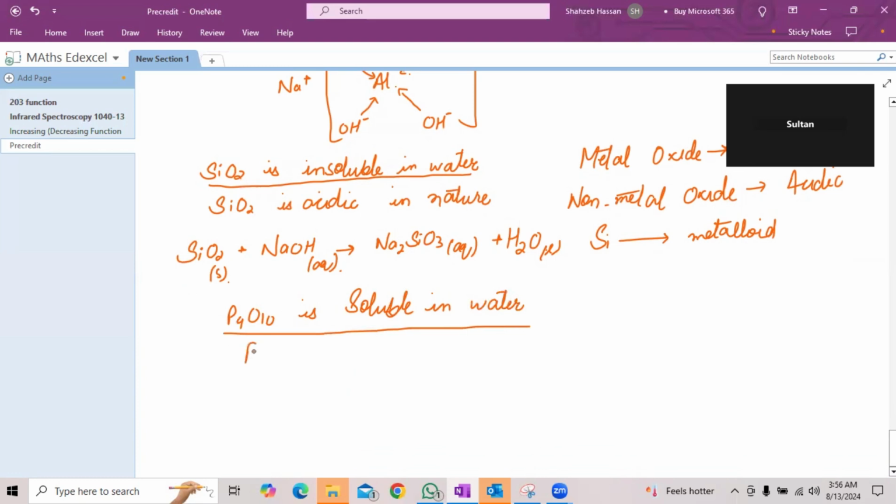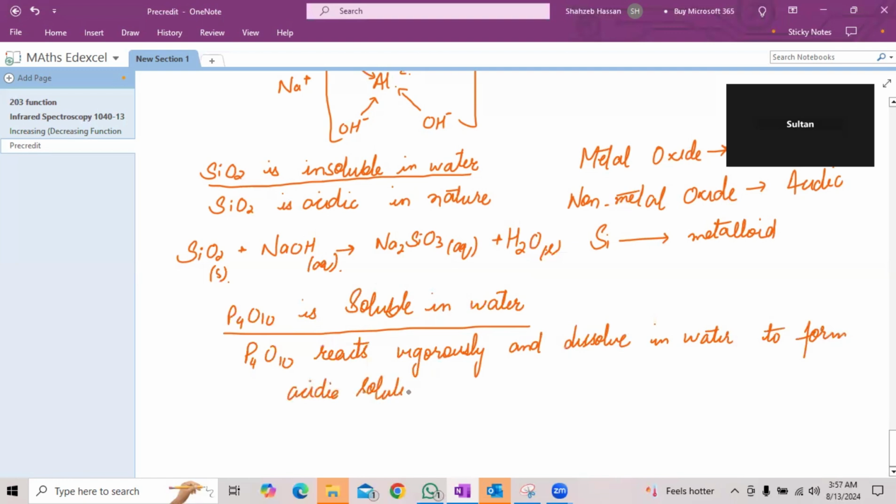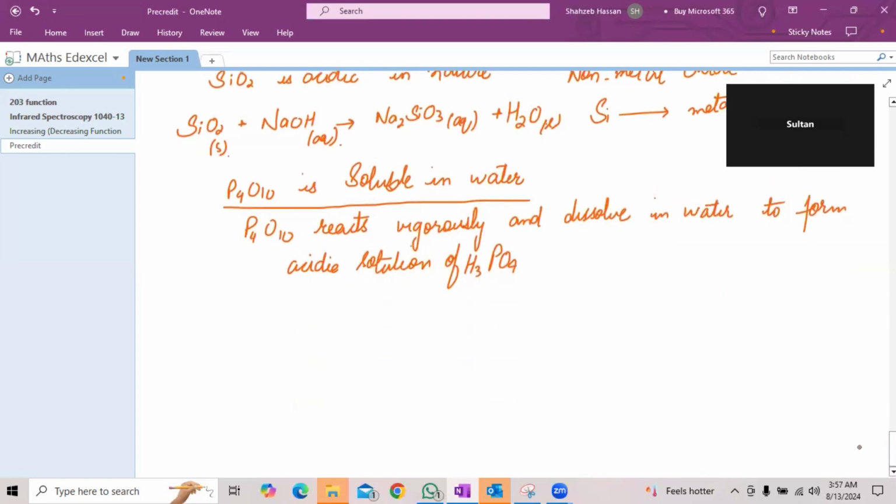P4O10 reacts vigorously and dissolves in water to form an acidic solution of H3PO4. So this is the acidic solution they are going to form.